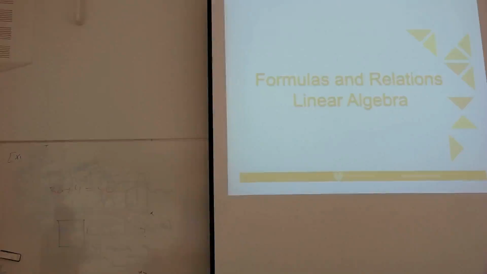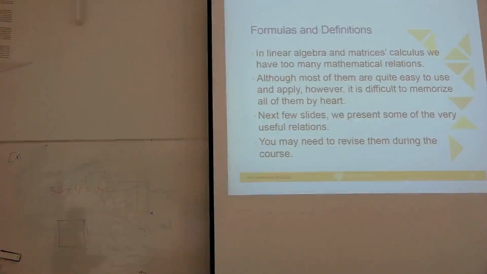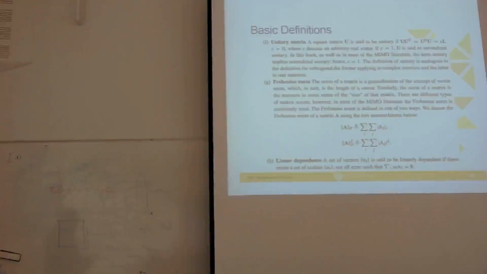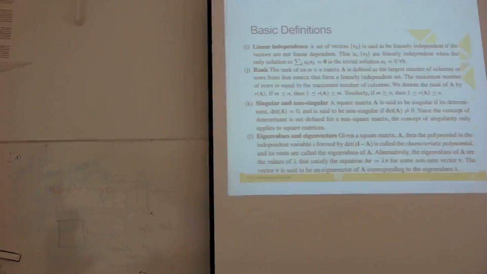The last part in this introductory lecture is that I just collected many formulas that will be used or might be used during the course. So here you can find some general formulas, like what we mean by identity matrix, transpose, orthogonal matrix, for example, and some norms, and what is the meaning of linear dependency or independence.